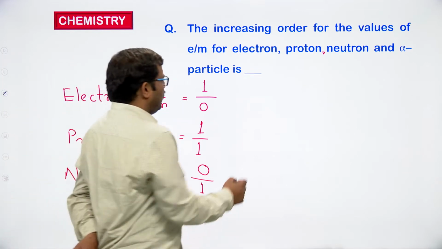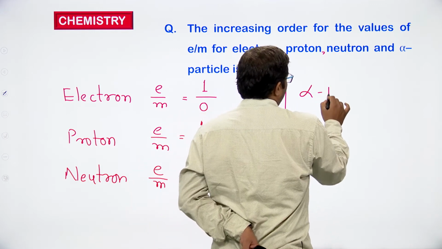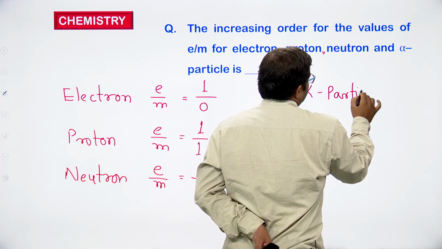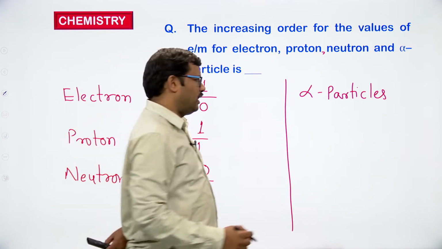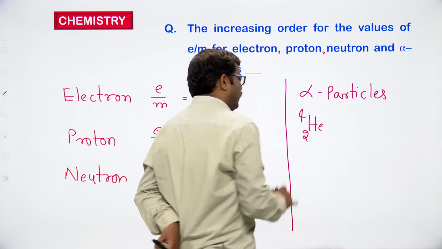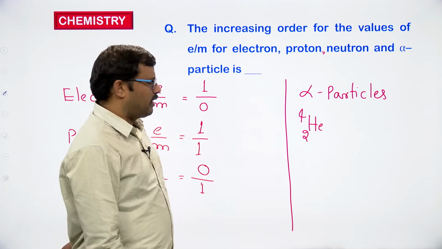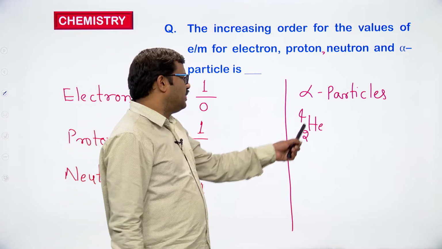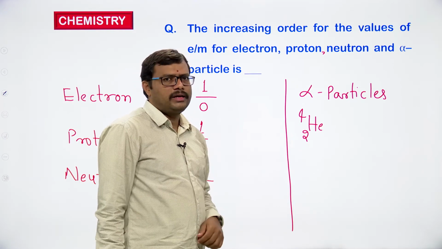And similarly alpha particle. What is alpha particle? Alpha particles are nothing but helium nuclei. Helium will be 2 and 4. This is what we have learned already when discussing the basic principles of chemistry, where we discussed the element symbol with atomic number and mass number.